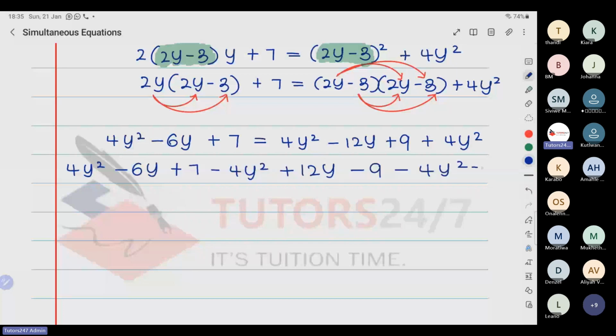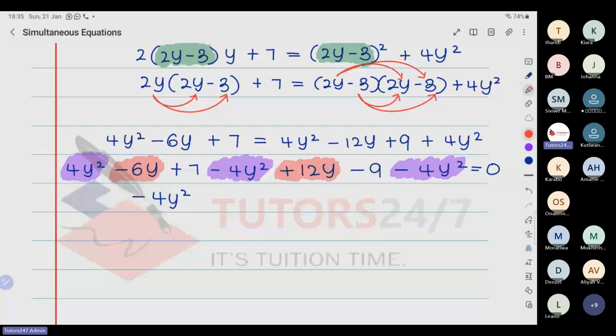Now we need to add up like terms. So let's see. Our like terms, we have y squared and y squared. These are our first set of like terms. So 4 minus 4 minus 4 gives me -4, and you bring down the variable. Let's have a look at the next set of like terms. We have -6y, so anything that has y, here we have positive y.